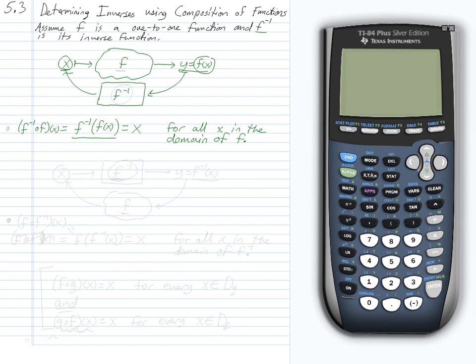Now, if f inverse is the inverse of the function f, then that relationship should go the other way. f is, by definition, the inverse of f inverse, and that's a little weird to think about. But if f inverse undoes f, then f should also undo f inverse.